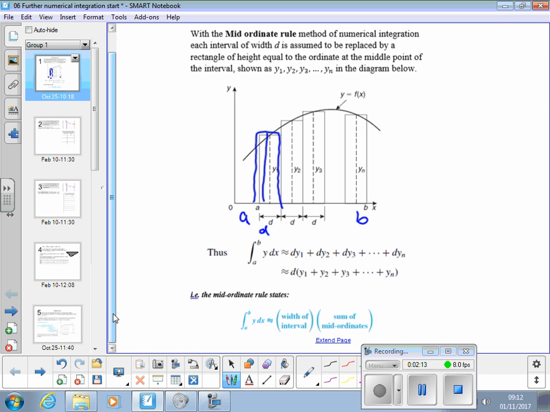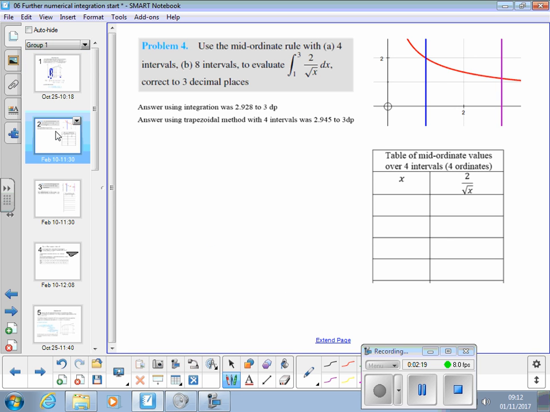It's best served by us having a look at how we would use it to repeat the example we were doing last week, the function 2 over the square root of x between the limits of 1 and 3. In the notes I've added to this page that the answer using integration was 2.928 to 3 decimal places.